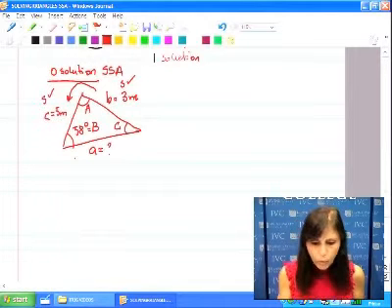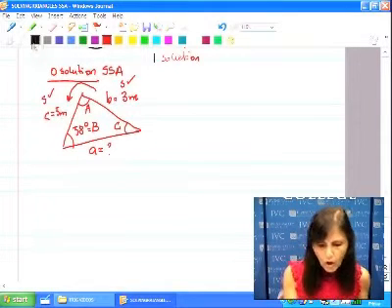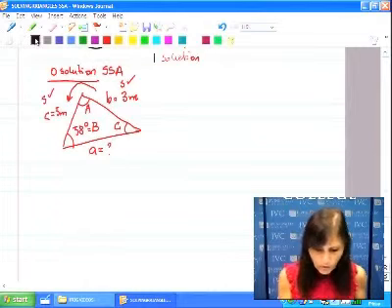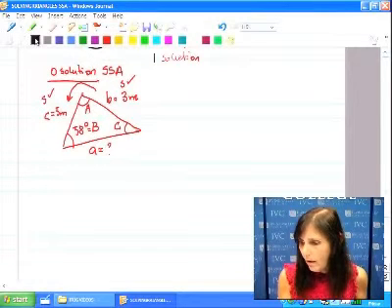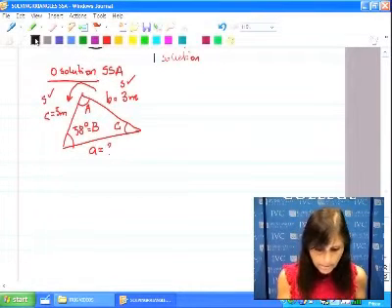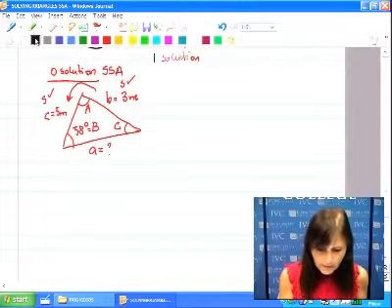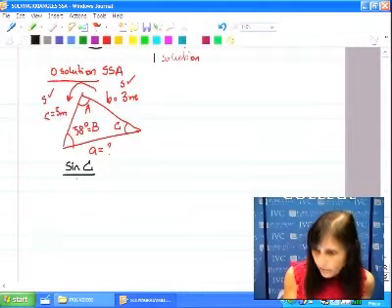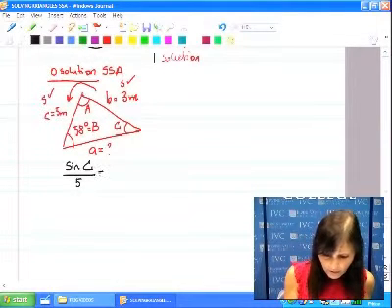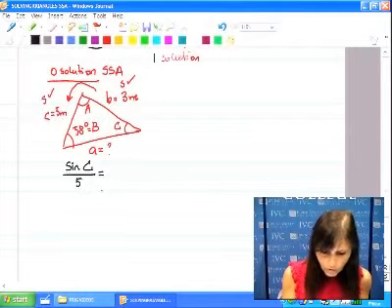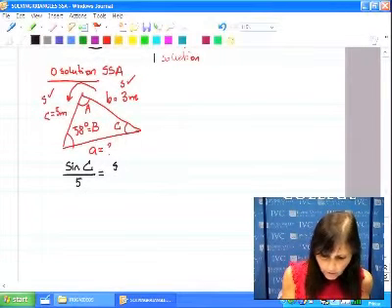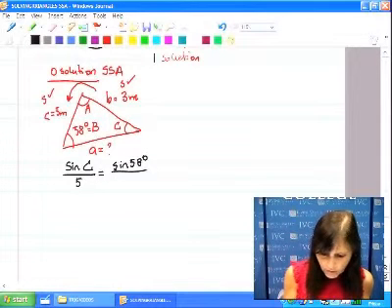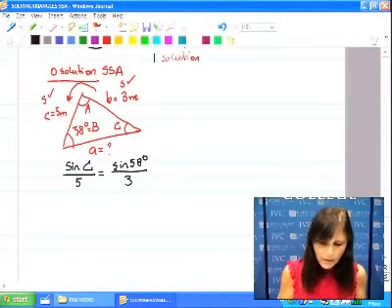So let's put the sine law down. So let's say sine of C over 5 is going to be equal to sine of 58 degrees over 3, right?